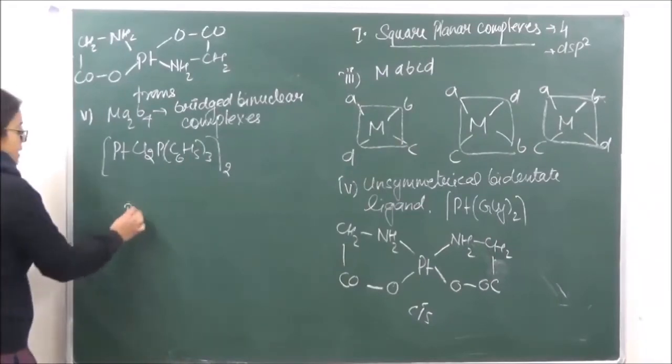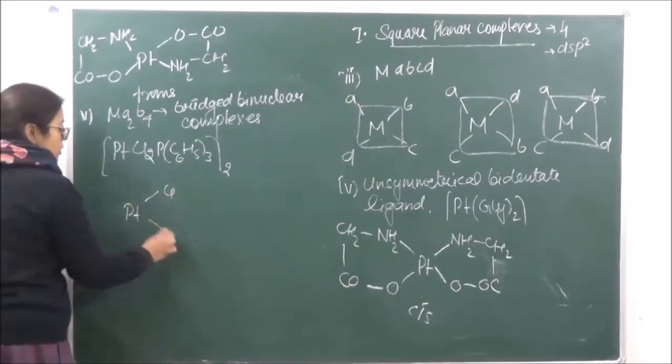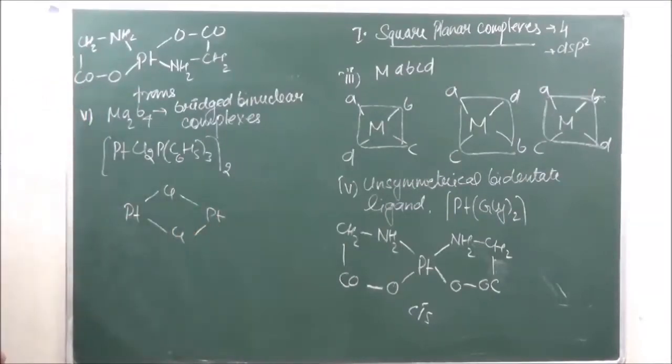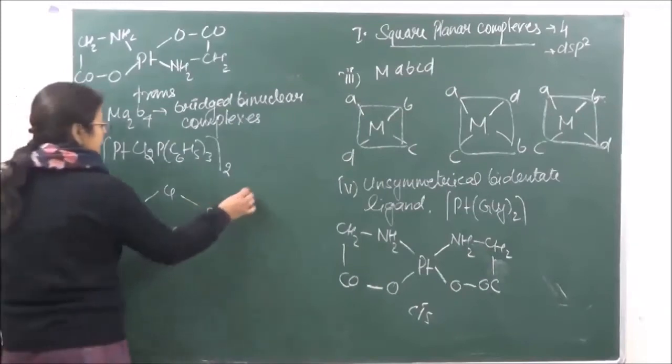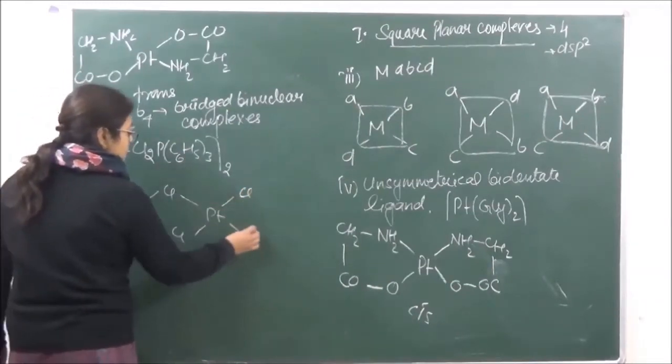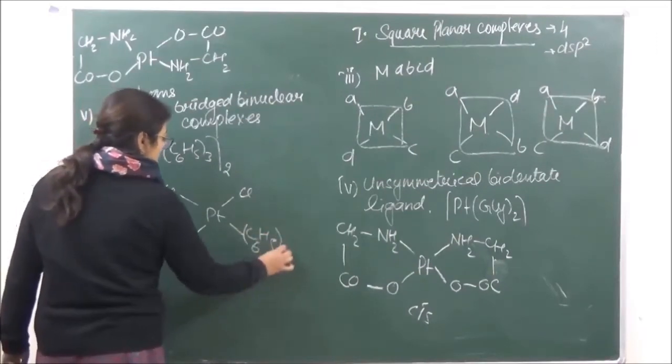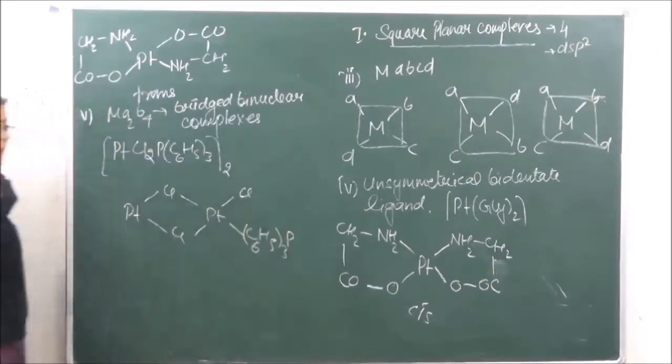We have platinum, chlorine, platinum and platinum, right? And we have chlorine on one side and we have triphenylphosphine on one side.